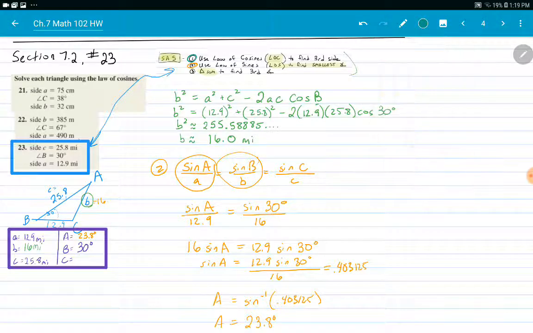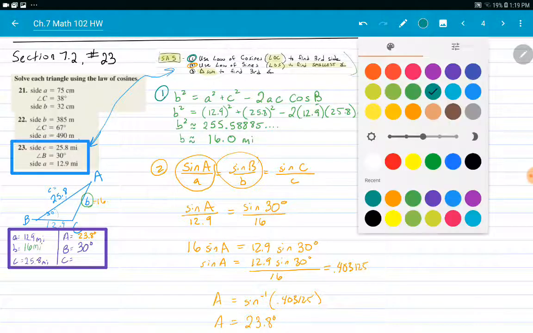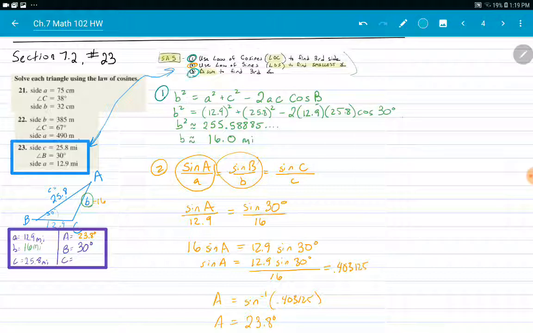We did step 1 over here, and now let's do step 3. Let's do a light blue. Step 3 is I take the triangle sum. I already know this angle and the 30, so this one is just going to be 180 minus those two.